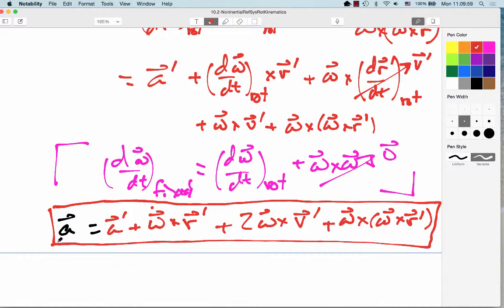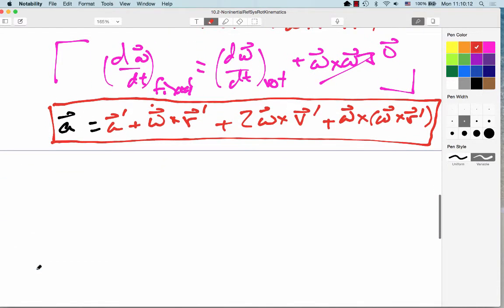All right, now we're not quite done yet. We still have to allow for the possibility that the system is also translating. So we need to fold in the results that we had from before, allowing for the possibility that the coordinate system is translating.